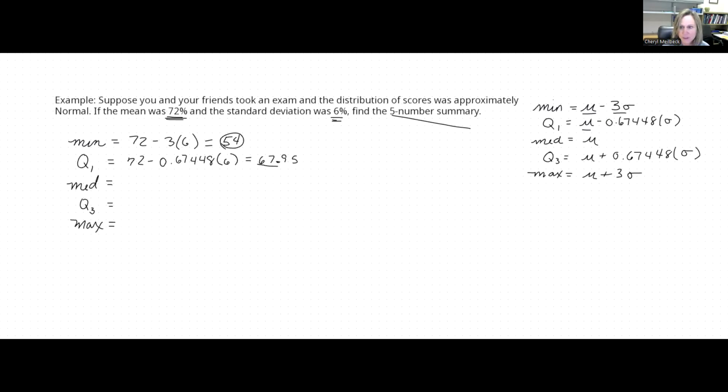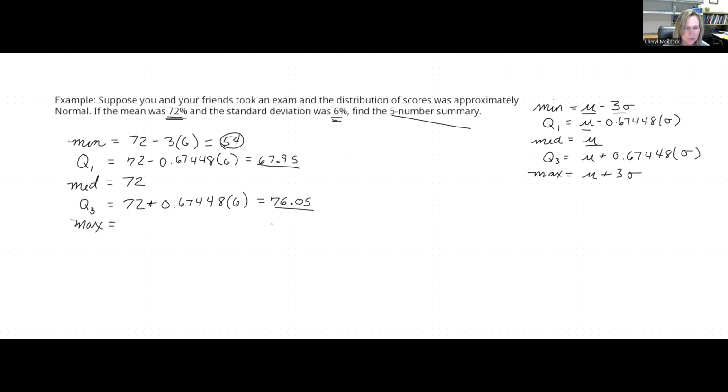Our median is simply just our mean, no calculations required. We just write 72. Q3 is going to be similar to Q1. It'll be 72, but it will be plus the 0.67448 times 6, which if you multiply that out on your calculator, you should get 76.05.